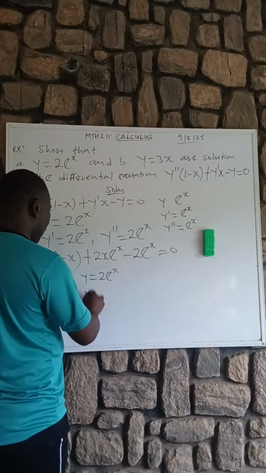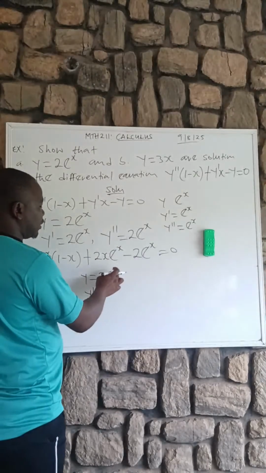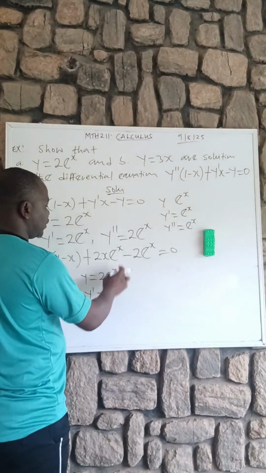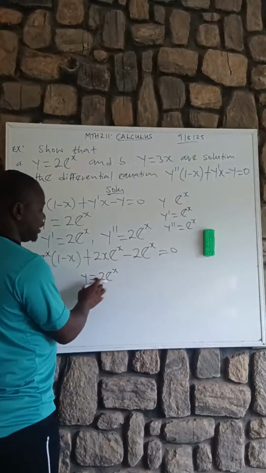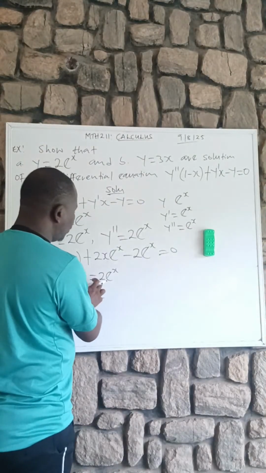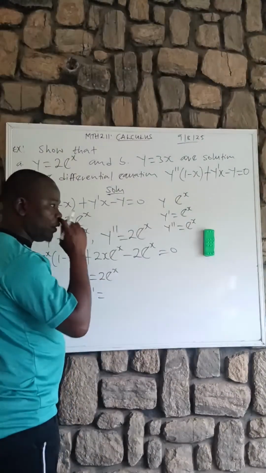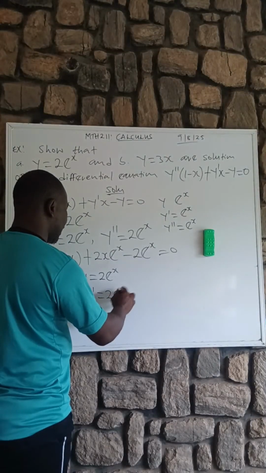So y prime will now be equal to, I told you that this is x. If you differentiate x, it gives you 1. You multiply whatever is here, which is 2, by the function 2 exponential x. So you have 2 exponential x.